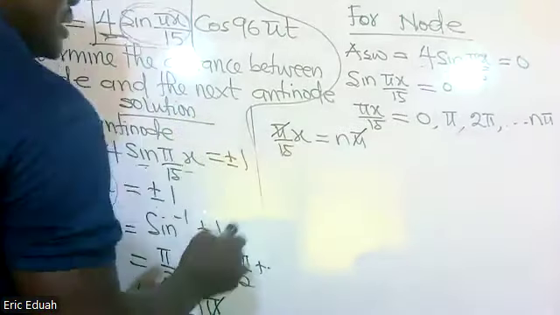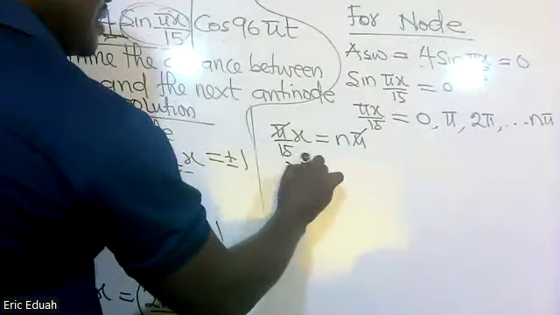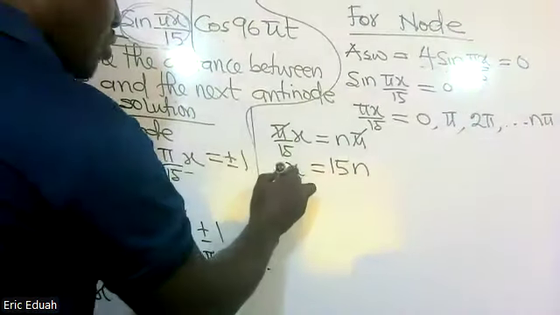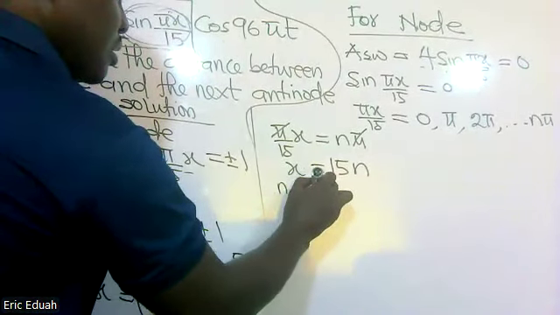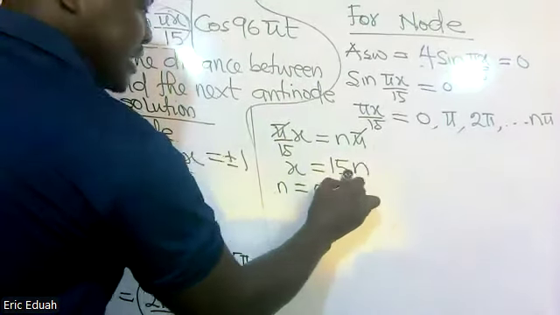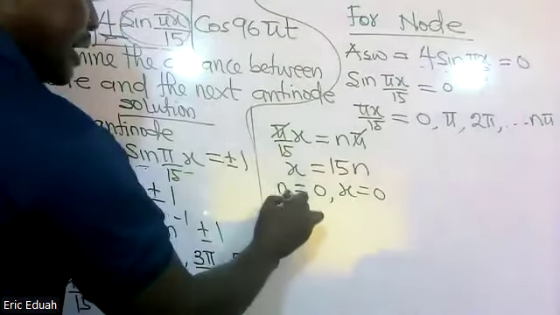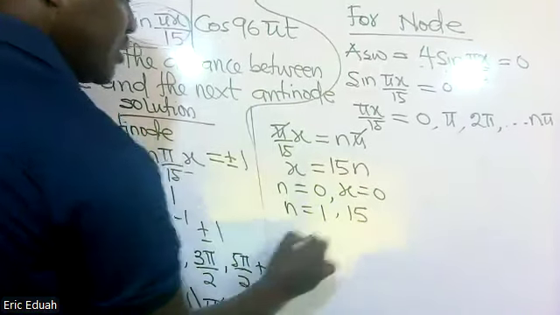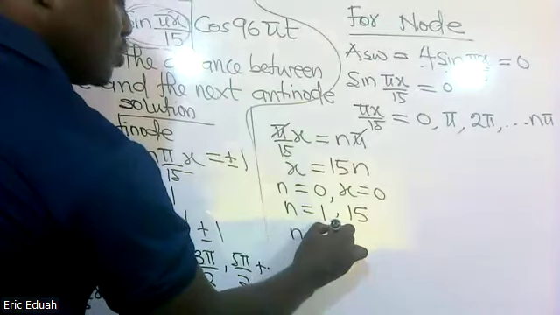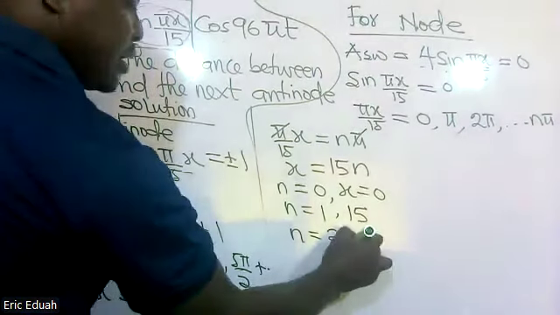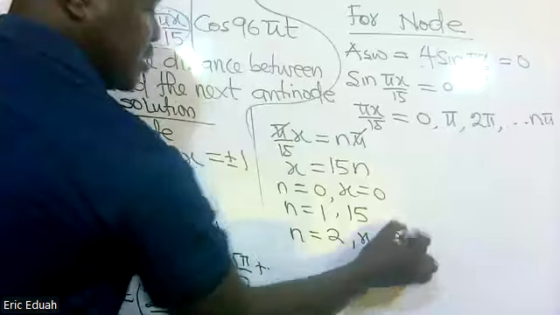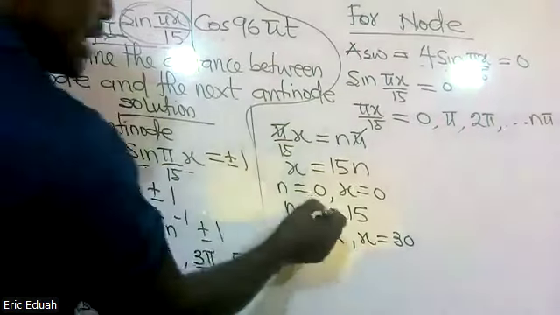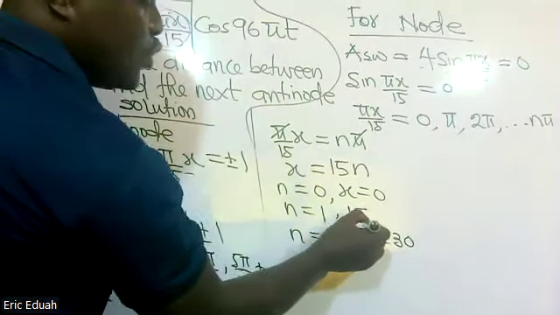Pi will cancel out, so that x is equal to 15n. When n is equal to 0, x is 0. When n is equal to 1, x is 15. When n is equal to 2, x is 30, and on and on. So these are the different positions for nodes.